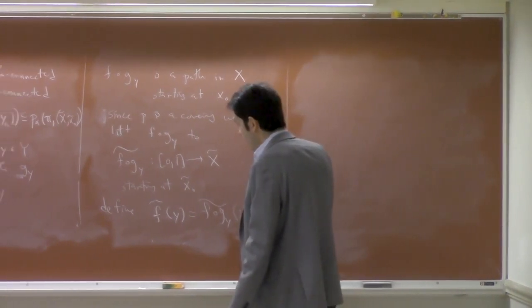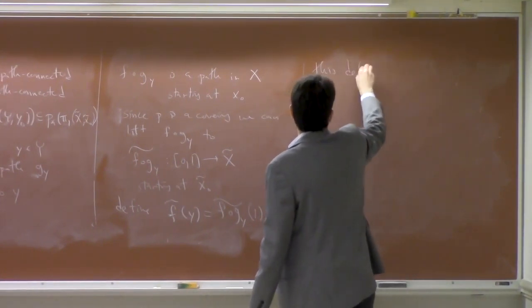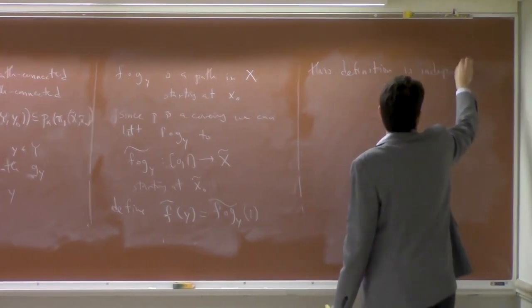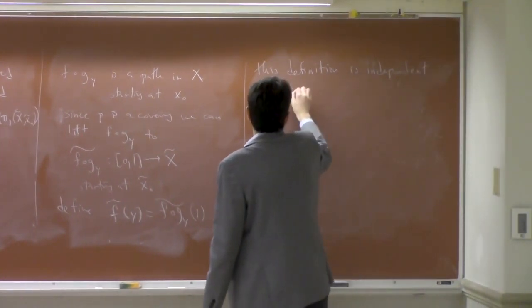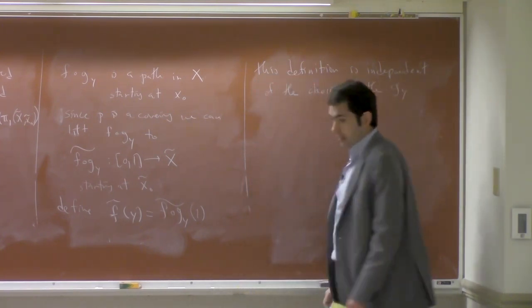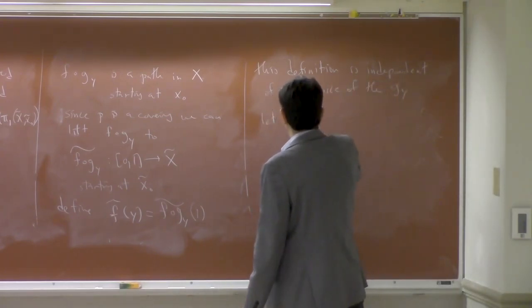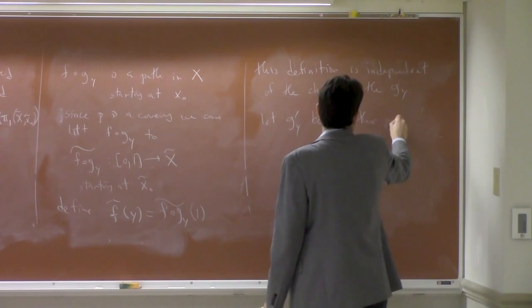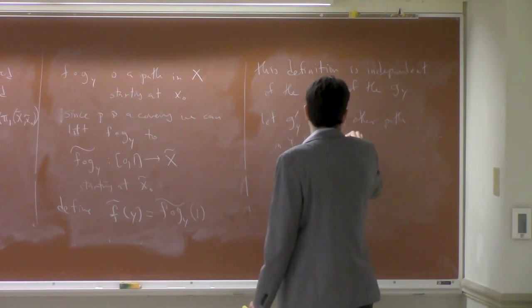Okay, so the first thing we want to point out is that this definition is independent of the choice of the paths gy. Okay, so let g prime y be any other path in y from y naught to y.